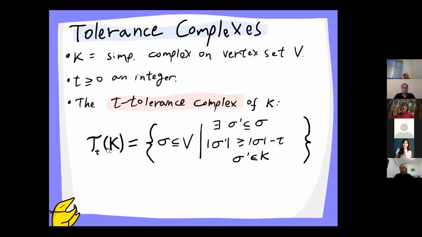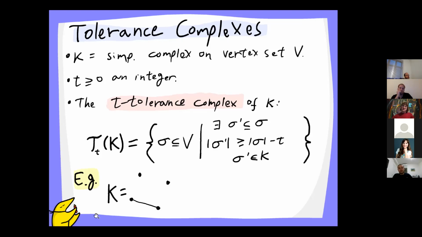It is denoted by T_t K. The vertices of the t tolerance complex are just the vertices of the original complex, and the simplices are the sets of vertices sigma that contain some subset sigma prime of size at least the size of sigma minus t, such that sigma prime is a simplex in K. Or in other words, sigma belongs to the t tolerance complex if, after removing at most t vertices from sigma, we are left with a simplex in K.